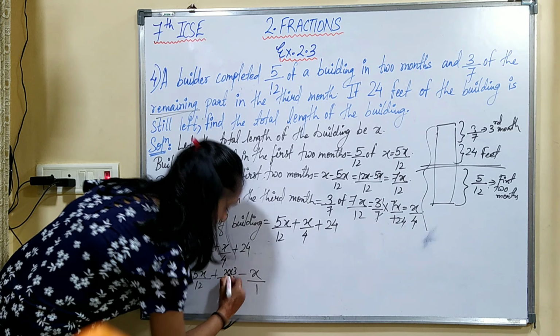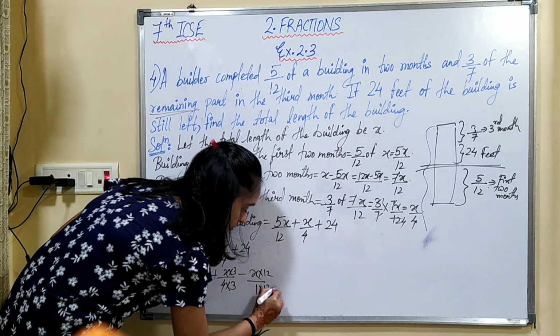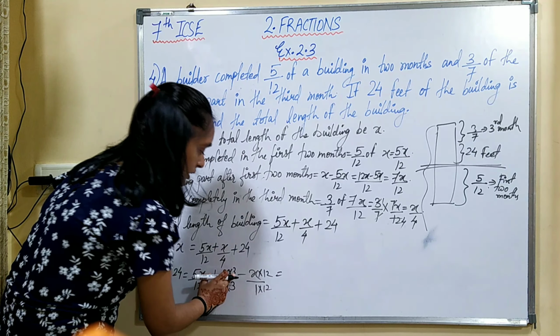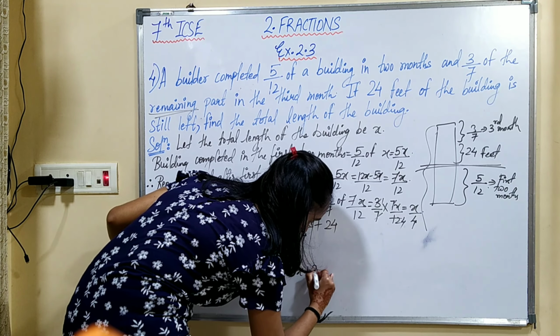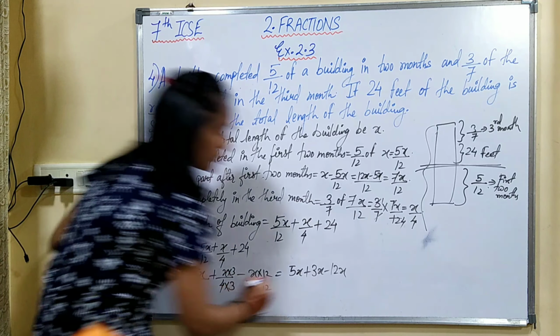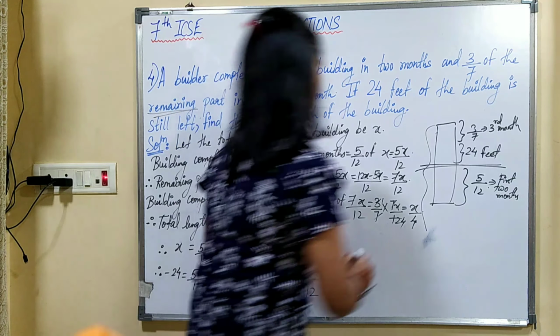So we will multiply here numerator and denominator by 3 and here by 12. So you will get 5x plus 3x minus 12x upon the whole 12.